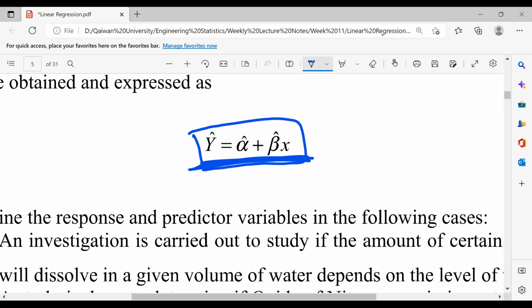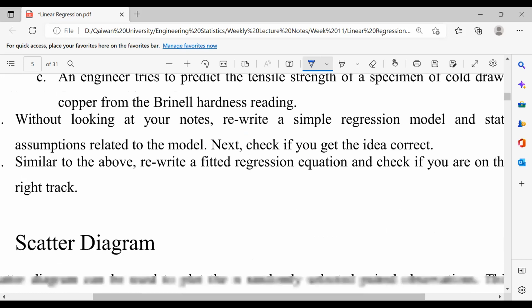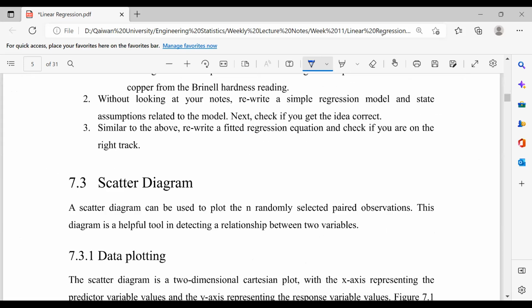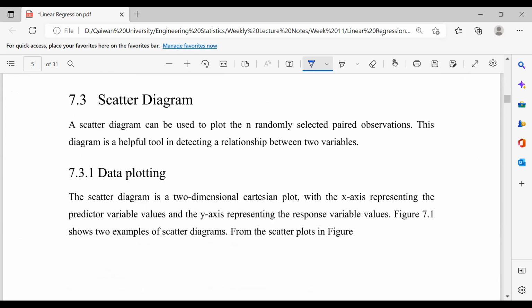The most important thing here is to find the values of alpha hat and beta hat. Now, we talk about how to find alpha hat and beta hat. We have formulas for finding them. We have a scatter diagram and data plotting.